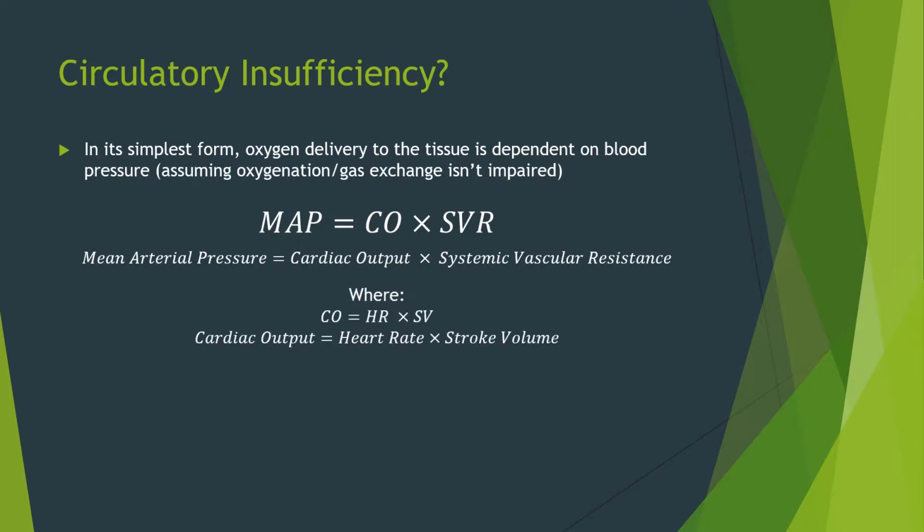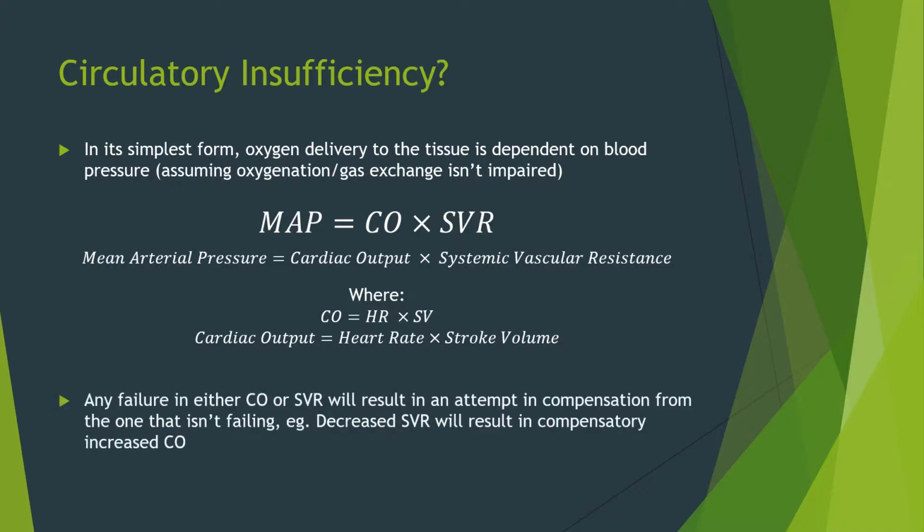Now, cardiac output itself exists as heart rate multiplied by the stroke volume, where the stroke volume is the amount of blood ejected from the ventricles of the heart. Both ventricles are roughly the same. The left is slightly more than the right, but we typically only really care about left ventricular stroke volume in terms of global cardiac output.